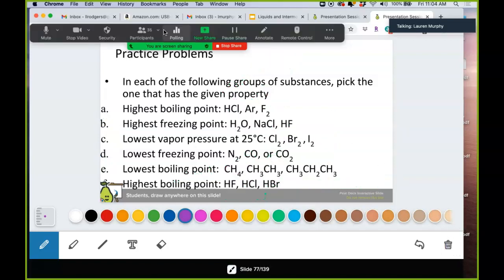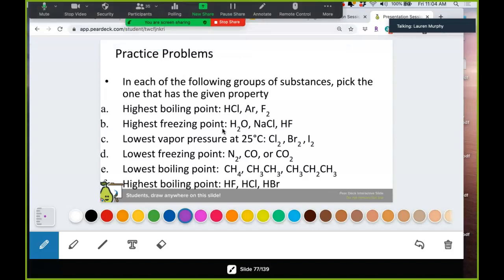So highest freezing point. So let's talk about freezing points. I'll do them in terms of negative numbers and then positive numbers.